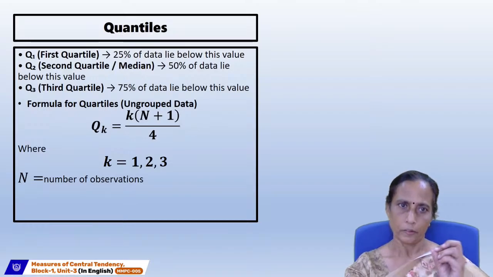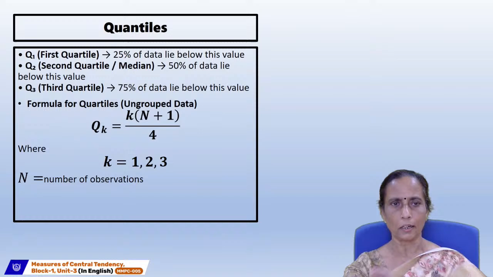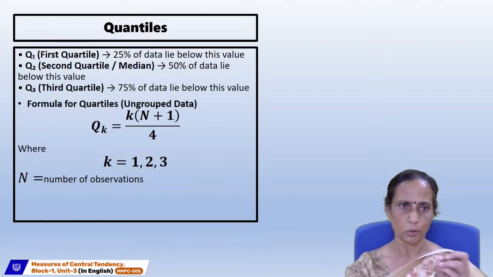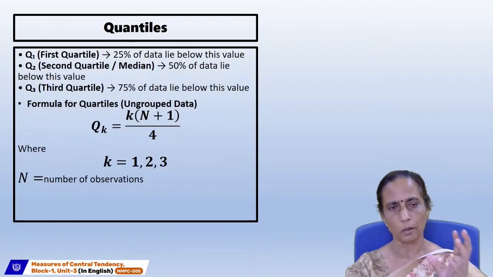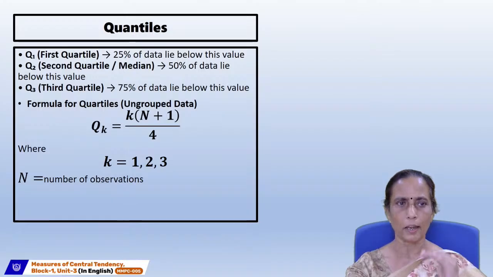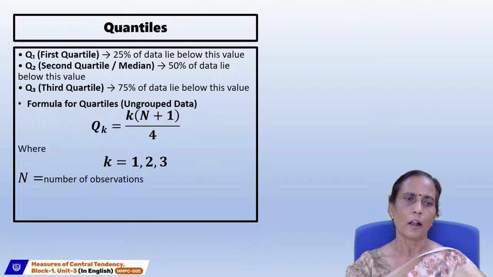Okay, Q1 is the first quartile, 25% of the data lie below this value. Q2 is the second quartile, which will be coinciding with your median. So 50% of the data lie below this value.